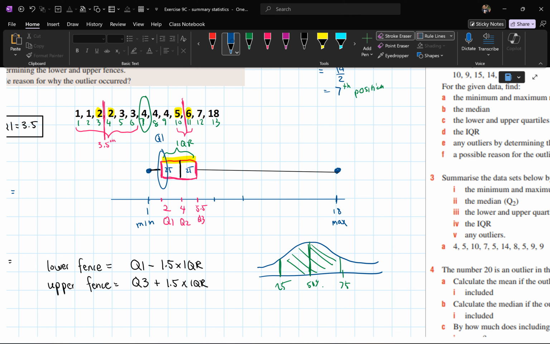It's like saying 150% of what everyone is. If everyone gets scores about here, and then I said, let's beef it up by an extra 50%, right? Not by 200%, don't double it, but just by 1.5 itself. And can you see what they're doing? They're saying, all right, I'll beef it up. And then your lowest point, the person who's at the lowest end of where everyone is, I'm subtracting further.